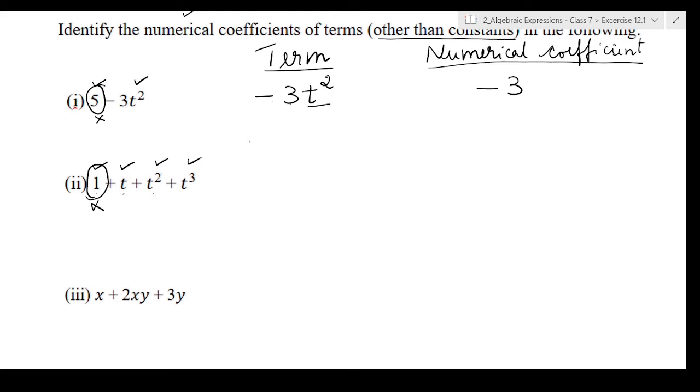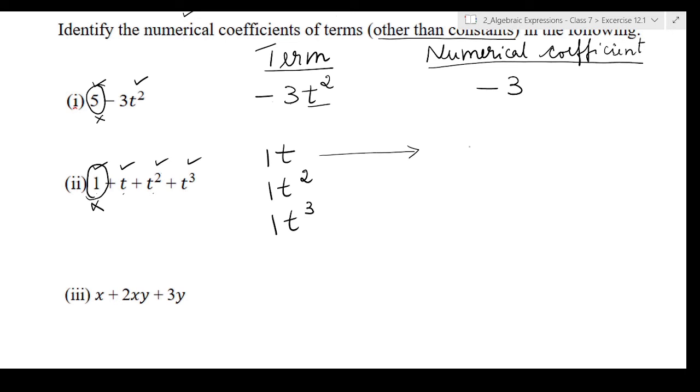The minute you exclude this, for the rest of the terms, please write them. So which are the terms we have? t to the power 2 and t to the power 3. Remember, if there is no number, it means 1. Correct? Now, in 1t to the power 2, what is the numerical coefficient?